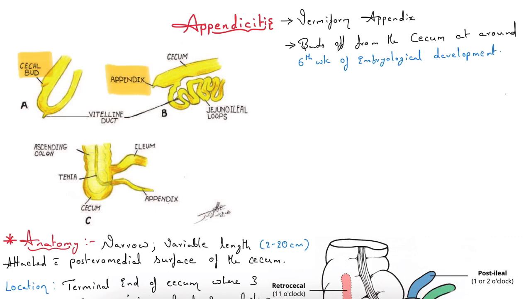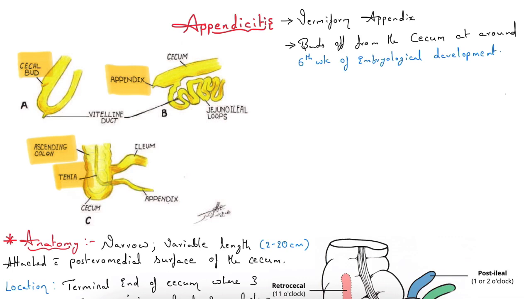In the lower part you can see the jejunum and ileum loops. Then as it develops, we can see the ascending colon, tinea, ileum, cecum and appendix. I will discuss later the importance in surgery: the tinea will guide you to find the appendix.